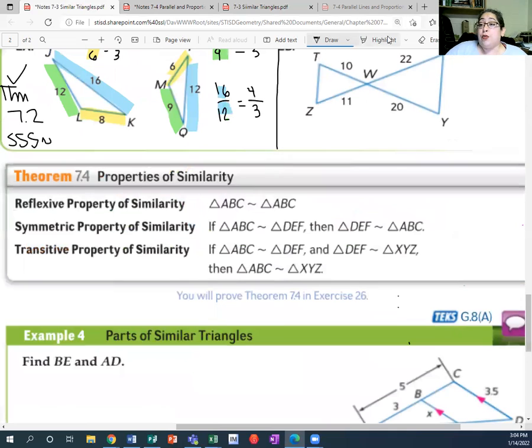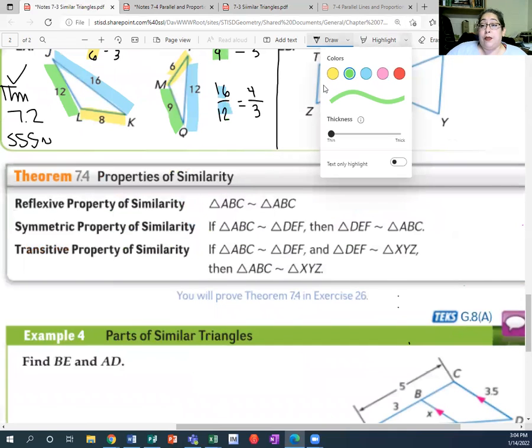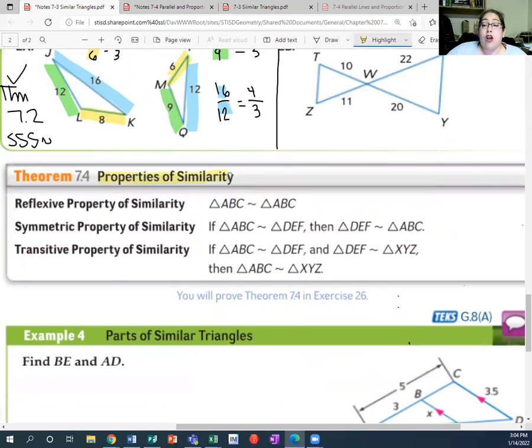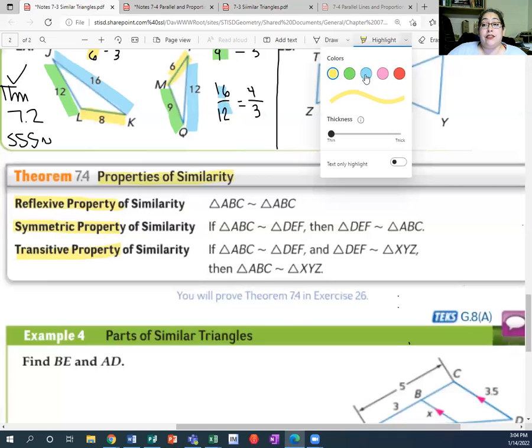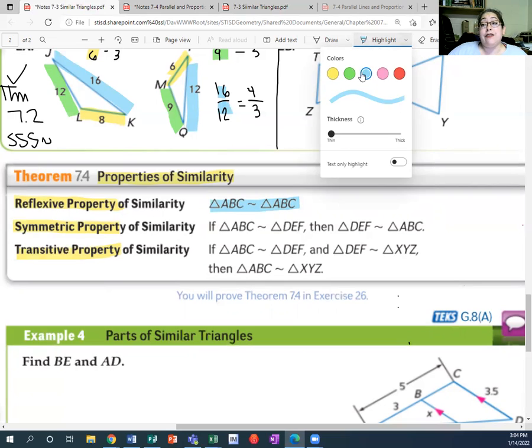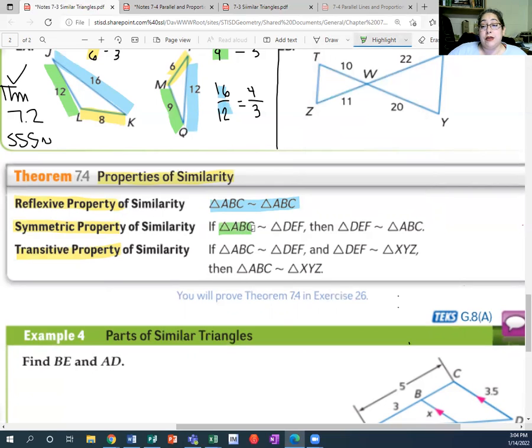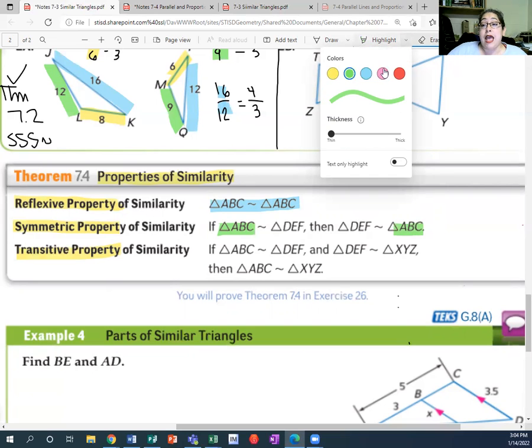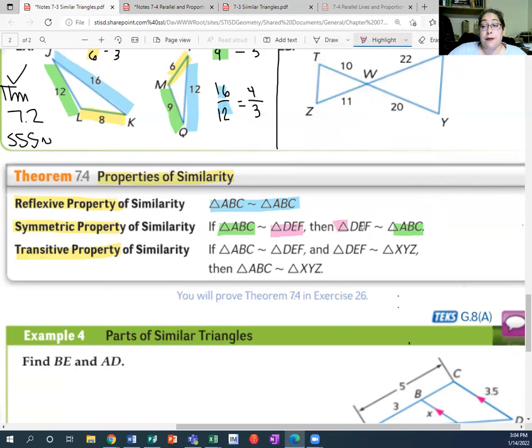Our next theorem is our properties of similarity. The good news is all of these are totally familiar. It's the reflexive property, the symmetric property, and the transitive property all over again. So as a reminder, here's what they say. The reflexive property says that a thing is similar to itself. The symmetric property says that if I'm writing a similarity statement, I can switch the order of my similarity statement and everything is still okay.